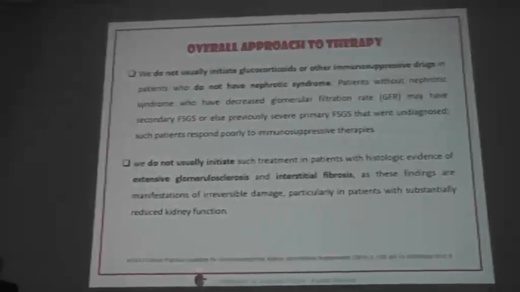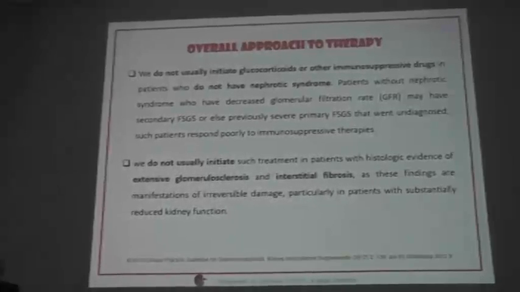Again, they recommended that glucocorticoid and other immunosuppressive medication not be initiated in patients who do not have nephrotic syndrome, as I mentioned earlier. They also mentioned that we do not usually initiate such treatment in patients with histologic evidence of extensive glomerulosclerosis or interstitial fibrosis.